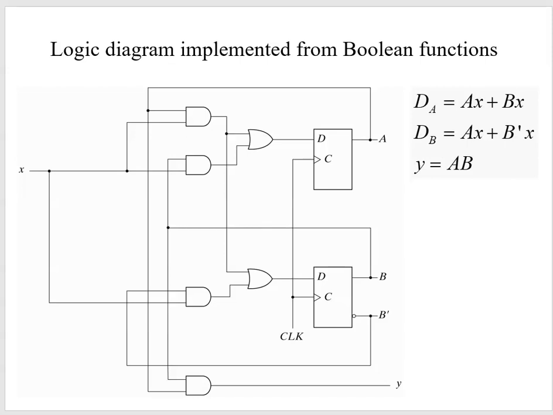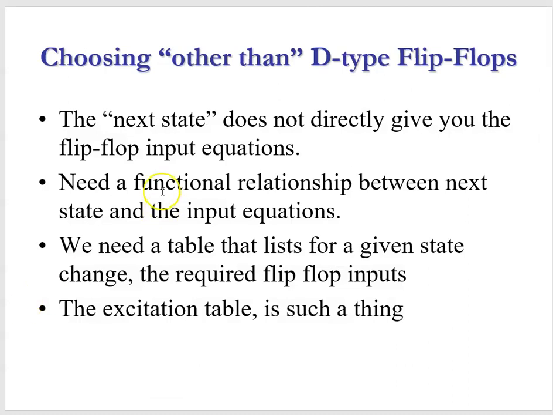If we were going to choose other than a D flip-flop, then we need to come up with our next state equations, and then we need to come up with our flip-flop input equations. So we need a relationship between the state and the input equations for a T flip-flop or a JK flip-flop.